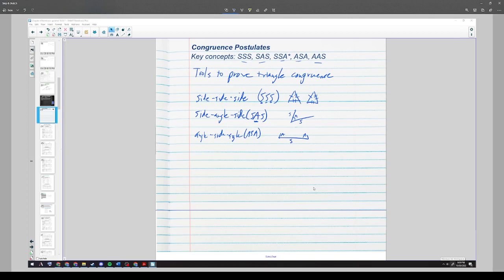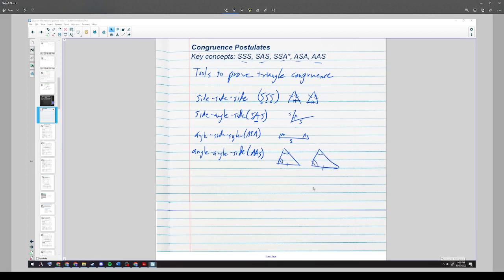And the last one, angle, angle, side, AAS. In AAS we have in a triangle, we have this angle, and this side are congruent to this angle, and this side.